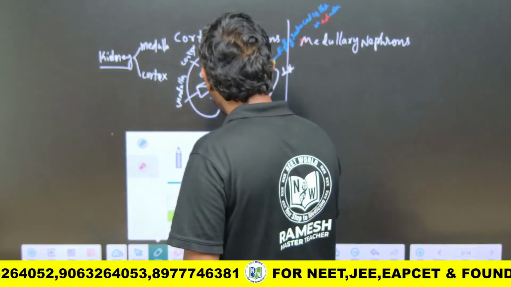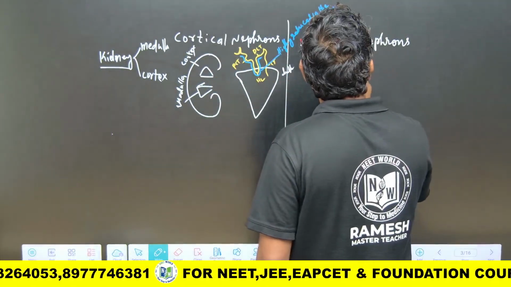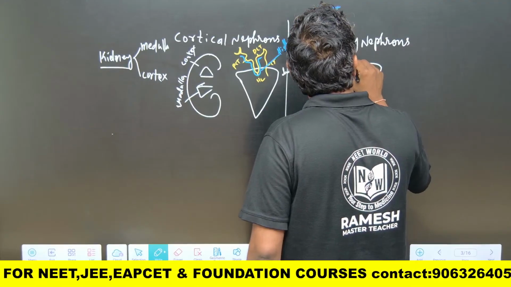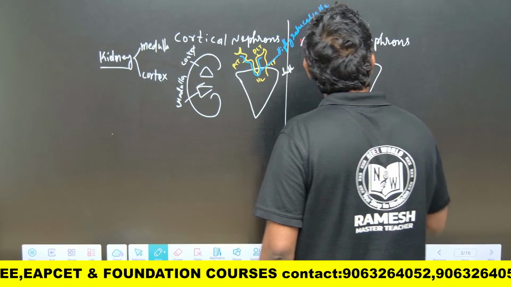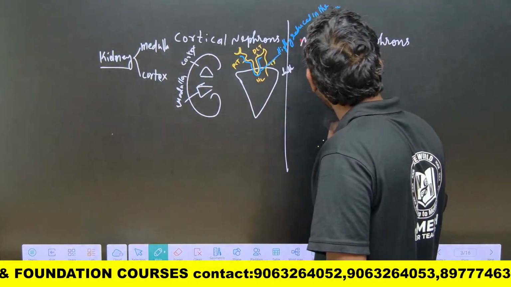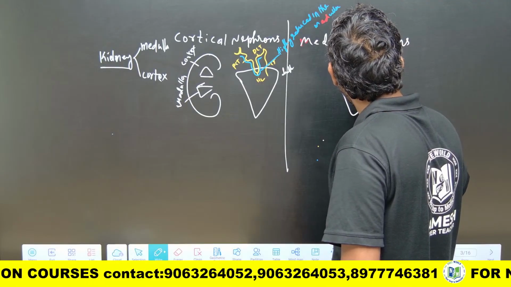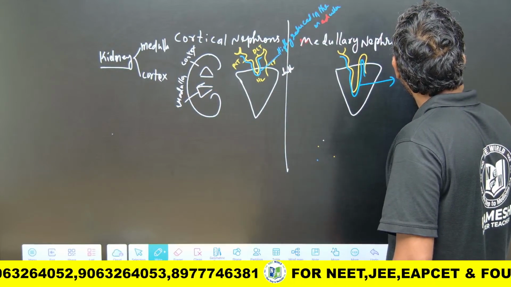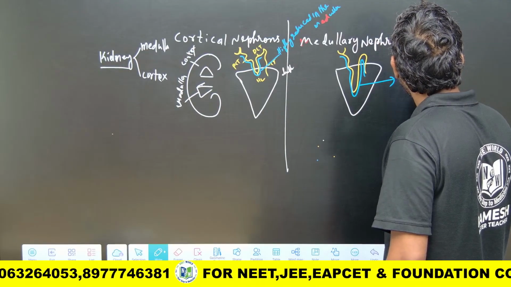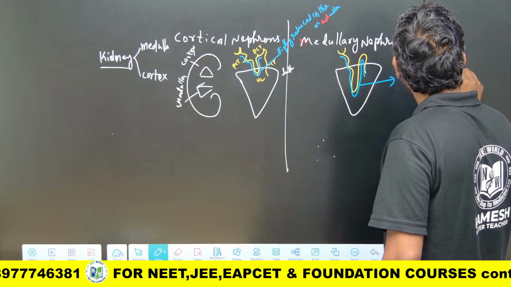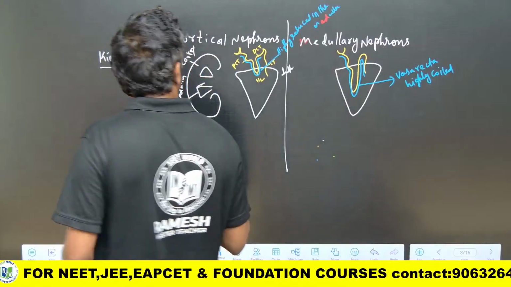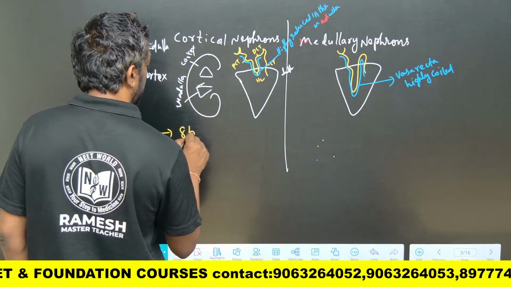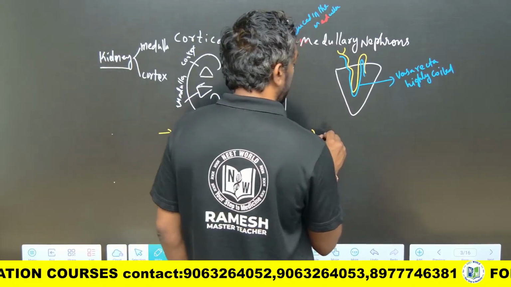If we come to the medullary nephron, the nephron enters deeply into the medulla, and the vasa recta also enters deeply. The vasa recta is highly coiled here in the medullary pyramids. 85% of nephrons are cortical nephrons, and these are only 15%.